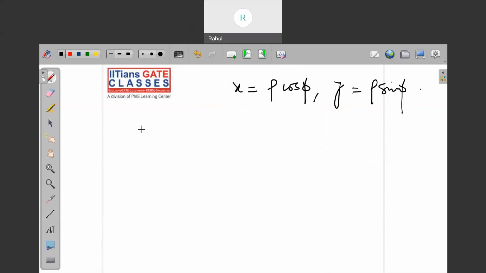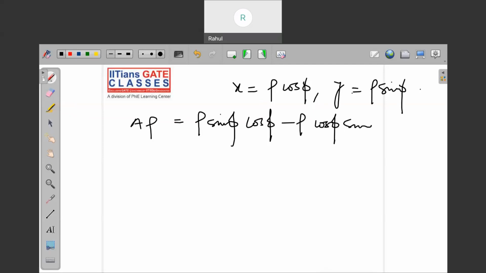So the A rho component will be rho sin phi cos phi minus rho cos phi sin phi. So if you see here, this is coming to be 0.